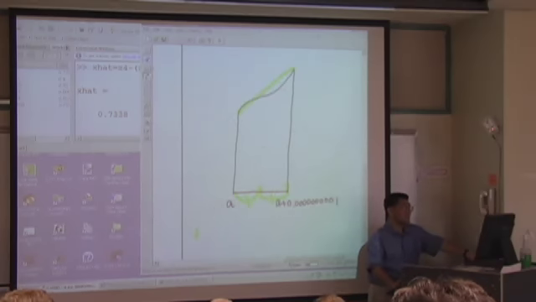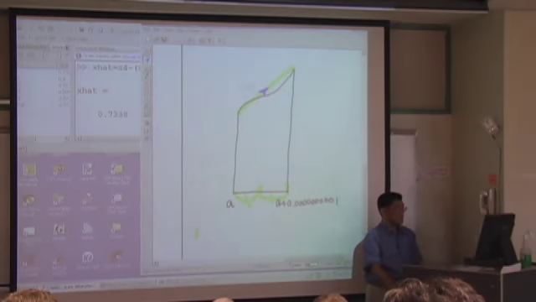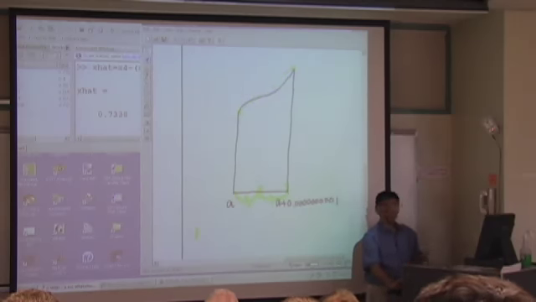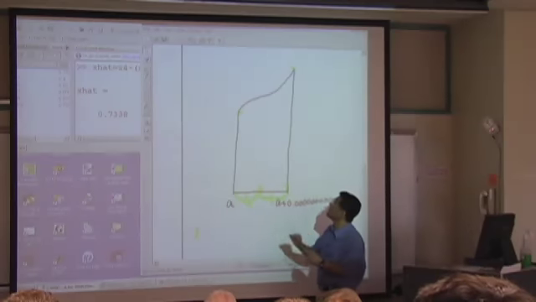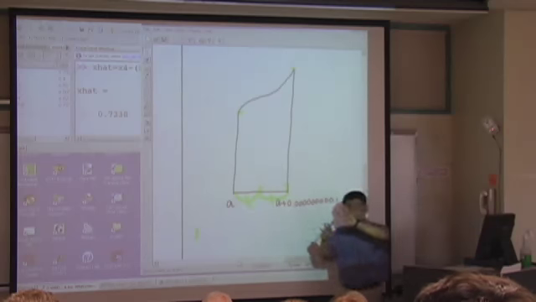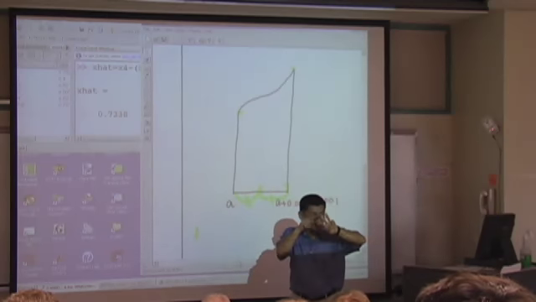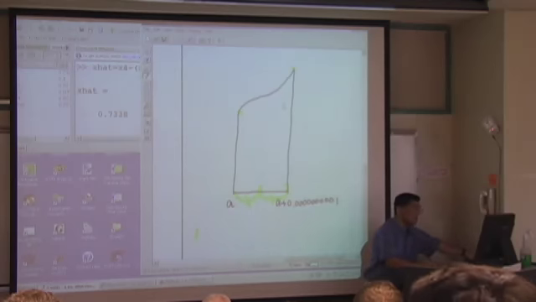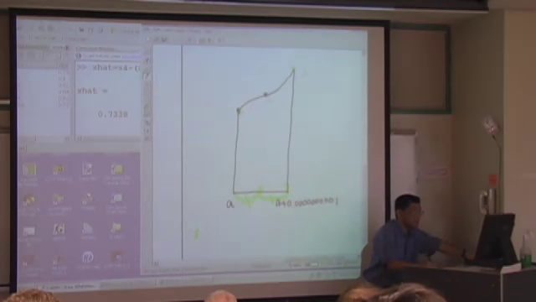The next method is using a parabola passing through strategic points. Usually, a parabola requires 3 points to anchor. So let's pick 3 equally divided points. First point here, second point here, and the third point here.